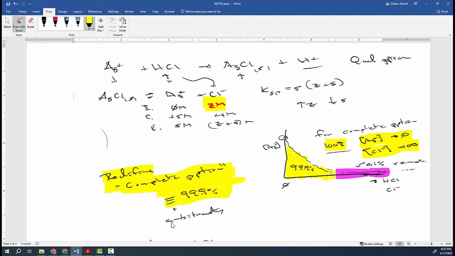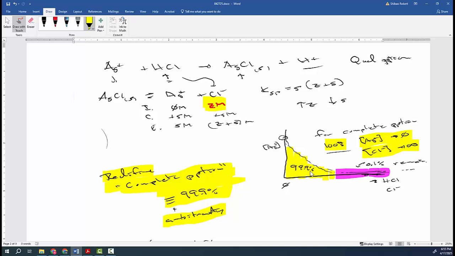Complete precipitation, this is an arbitrary definition, is 99.9% precipitation. And so that means we need to get 99.9% of this curve here, and then we'll just stop there. That means there's going to be 0.1% residual silver ions, or remaining silver ions, that are unprecipitated. And so that's going to be close enough. Now, this is arbitrary.